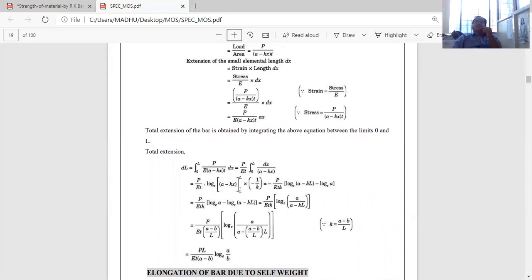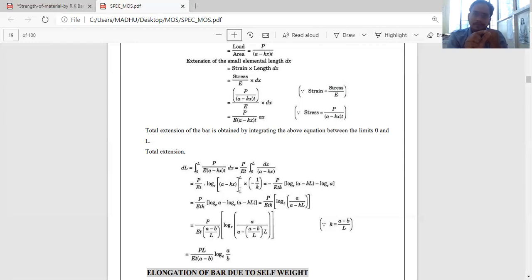So the only thing is you should know the integration, and the first thing you should know is the elemental area. When you know the elemental area, you can find out what is the stress at that particular area, and you can find the strain at that particular element.